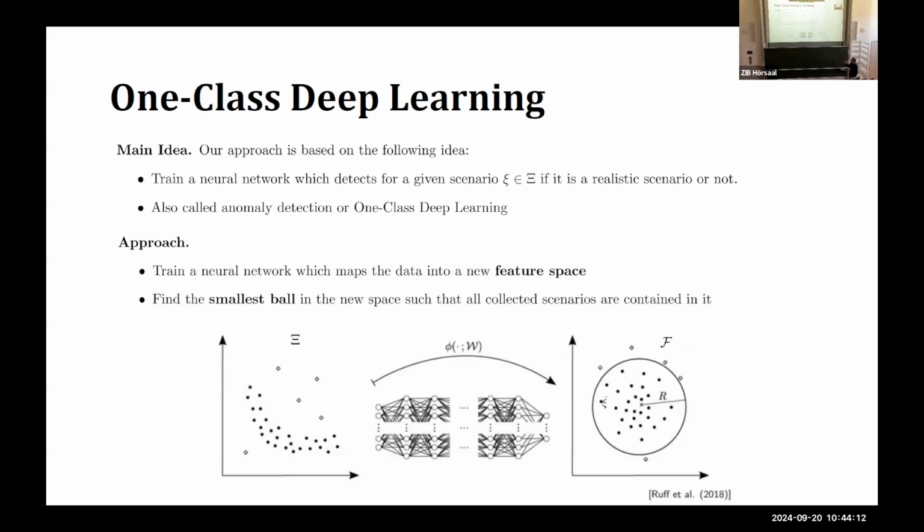And here in this new space, you're trying to map them all very close to a point. So you want to map them into a ball with a small radius. So somehow all the black scenarios are mapped into this ball and all the outliers are outside of the ball. And now the neural network tells you everything which ends up in the ball is a true scenario, everything else is an anomaly.